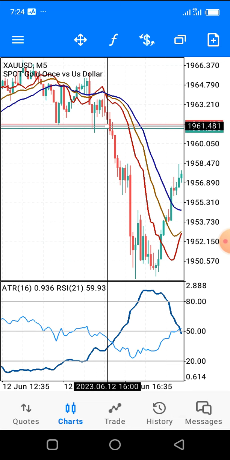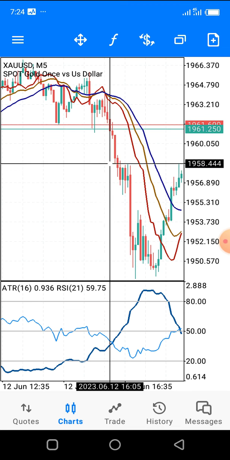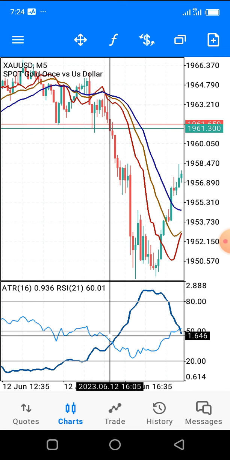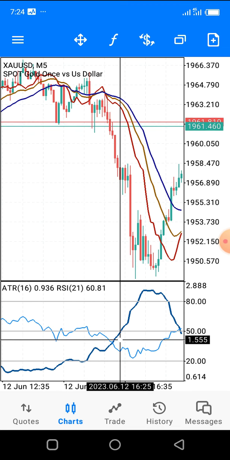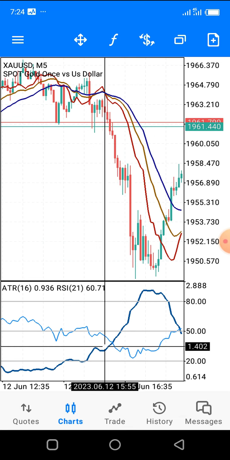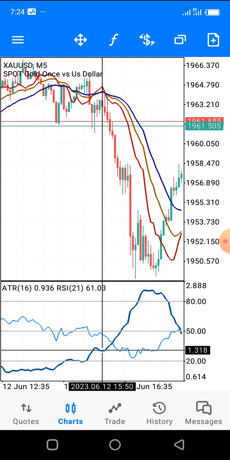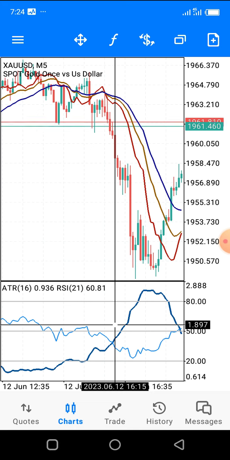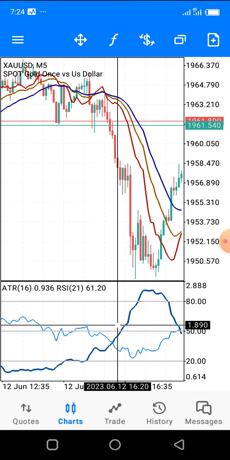Now, before you place your sell, you have to come here to your indicator window and look at these indicators, the RSI and the ATR. As you can see, the ATR is already moving upward. If ATR is moving upward, it's telling you a strong volatility, whether it is upward movement or downward movement.